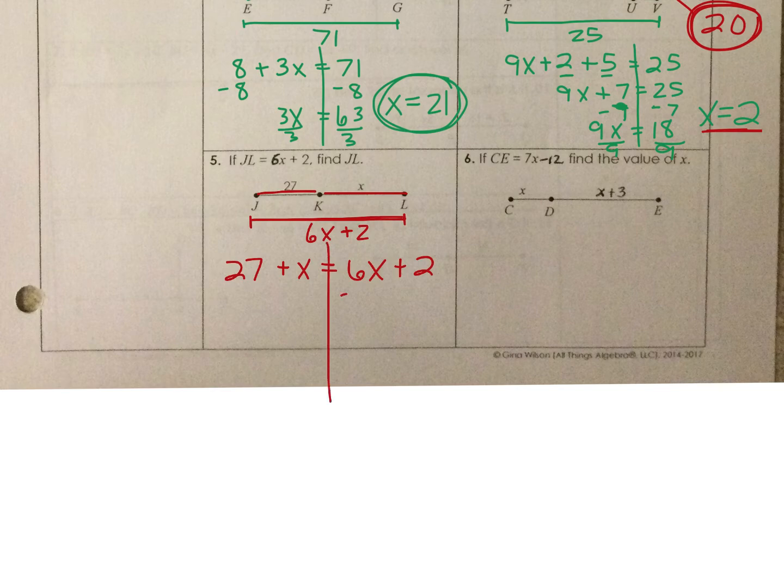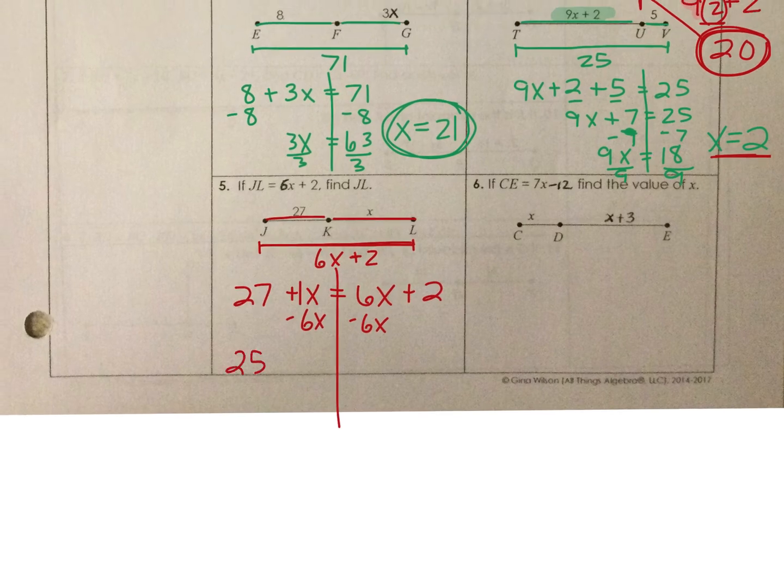So I'm going to subtract 6x. 1 minus 6 is negative 5x equals 2. Now I'm going to subtract 25.